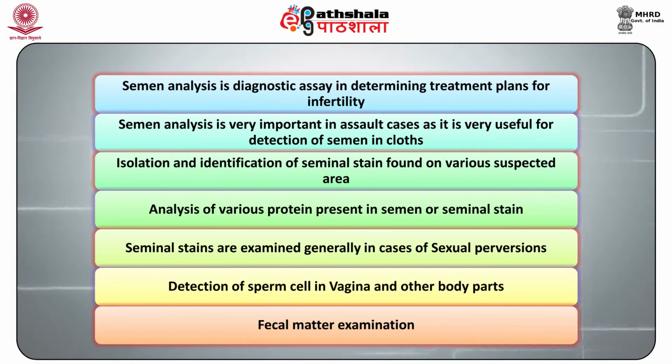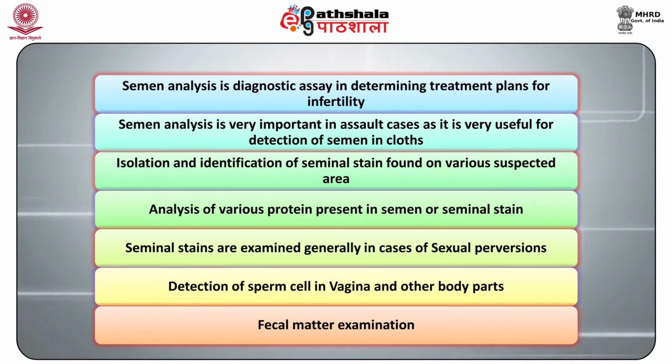Semen analysis is very important in assault cases as it is very useful for detection of semen on clothes. It involves the isolation and identification of seminal stain found on various suspected areas such as cloth, bedsheet, pillow, blanket, etc., and analysis of various proteins present in the semen or seminal stain.